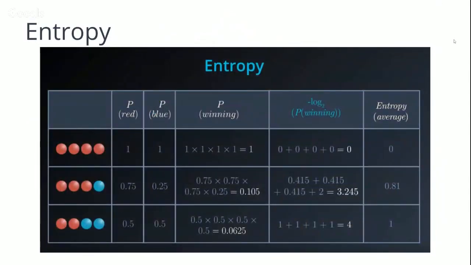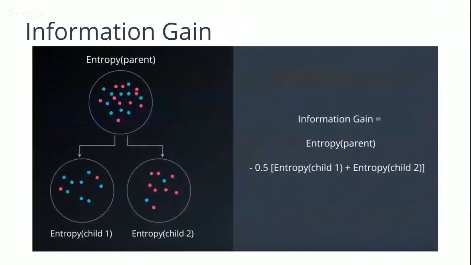So what we want to do is generate a decision tree that has low entropy if possible. And we can determine how well our decision tree performs by using the information gain.